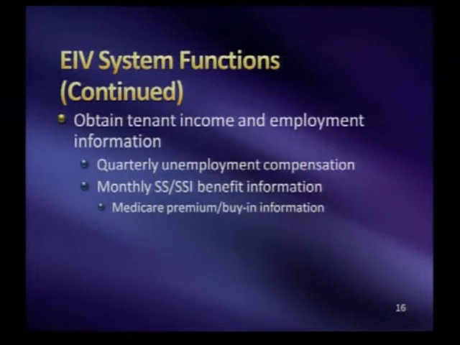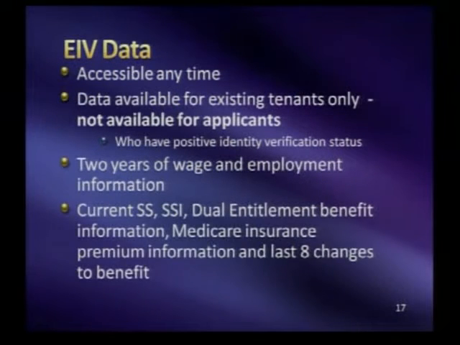Also, quarterly unemployment compensation, monthly SSI benefit information, along with Medicare premium insurance payments is included in the EIV system, and that function of the EIV system is basically to serve as a repository of information for you to utilize during your annuals and interim reexaminations.